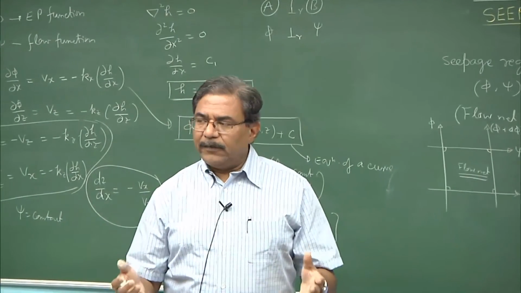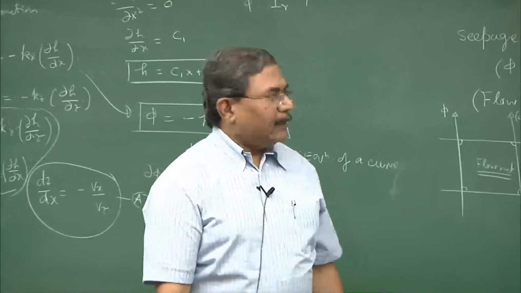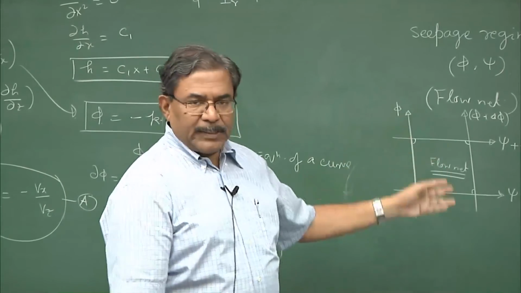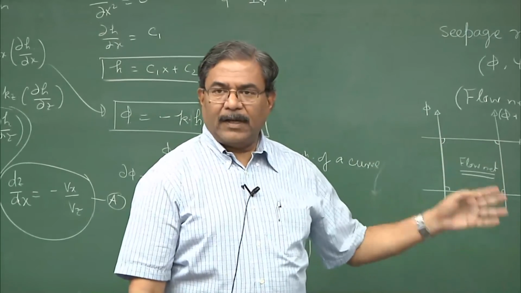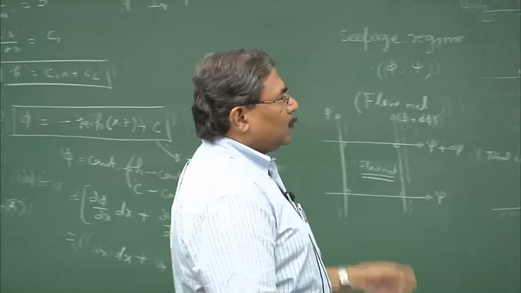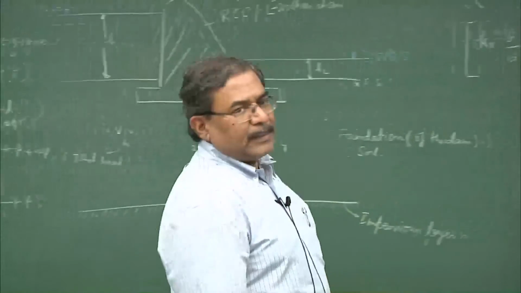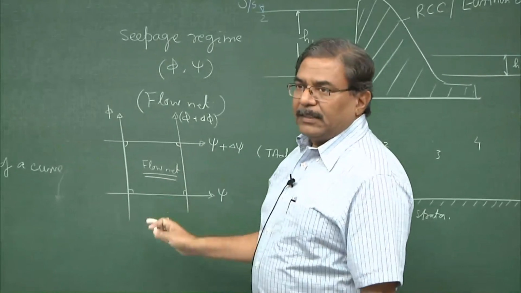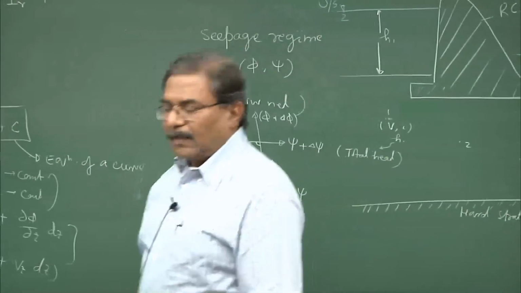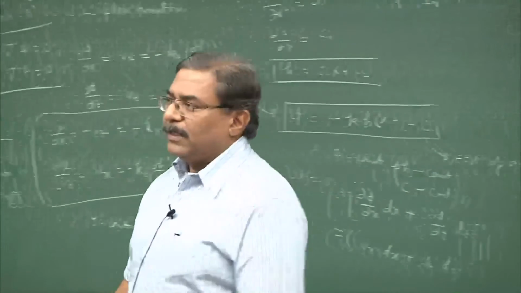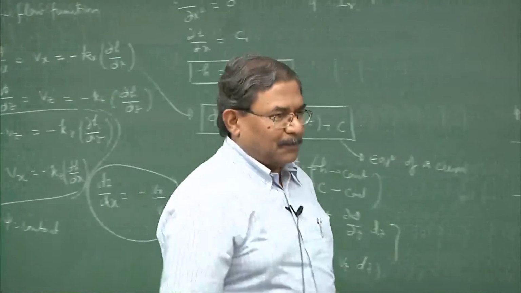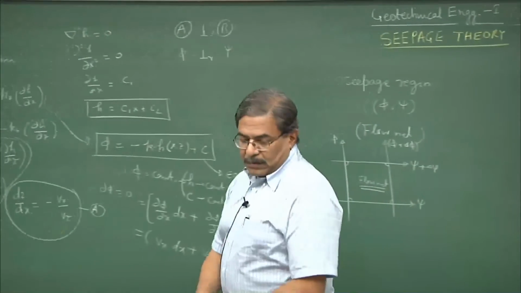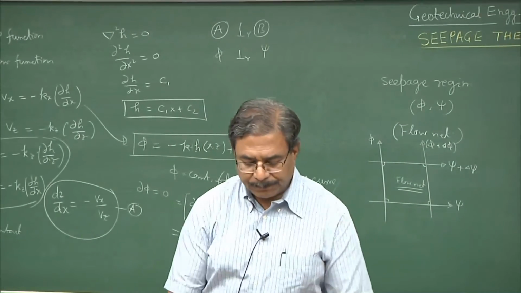We have used the continuity equation for flow, and then we have derived the functions for equipotential lines and the flow lines, and we have shown that these two functions are always perpendicular to each other, and this type of arrangement of phi and psi functions is known as flow nets. Now, I will discuss how to utilize flow nets for solving different problems. So, let us play with flow nets a bit more.